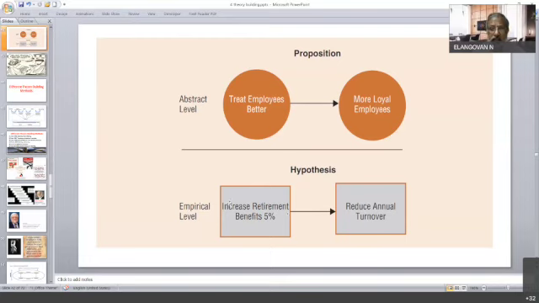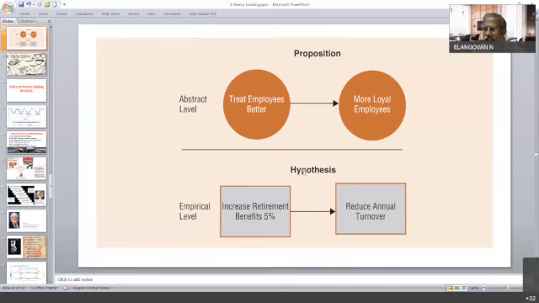Please understand, hypothesis is at the empirical level, and proposition is at the abstract level. I have shown you what an abstract level and an empirical level are in a previous slide. So from now onwards, don't use them interchangeably.